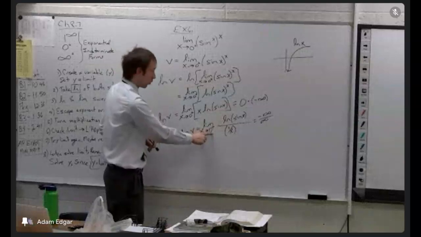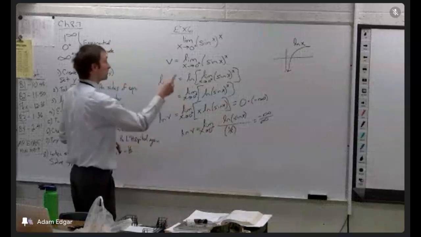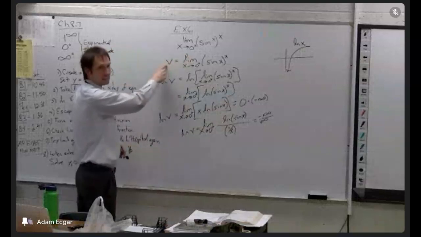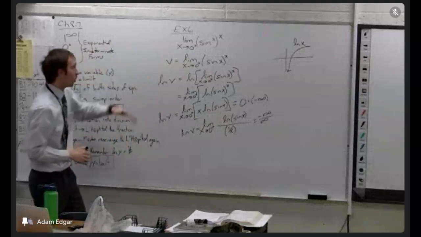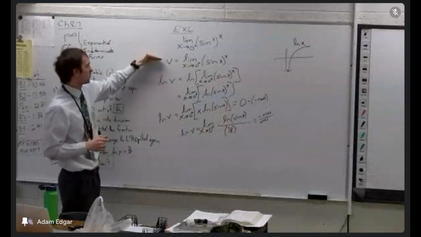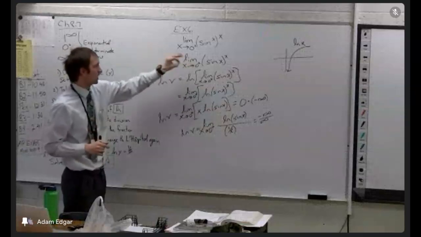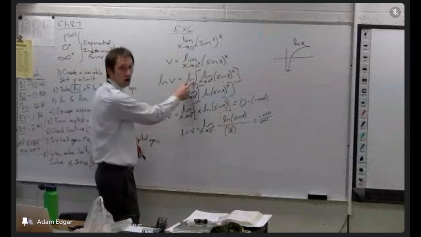So we're going to find the limit and then solve for v, because at the beginning we defined, let's let our limit equal v. So at the end we're going to e it. So we introduce a new variable, define this variable equals the limit that we really care about. Then we hide that limit inside a natural log.